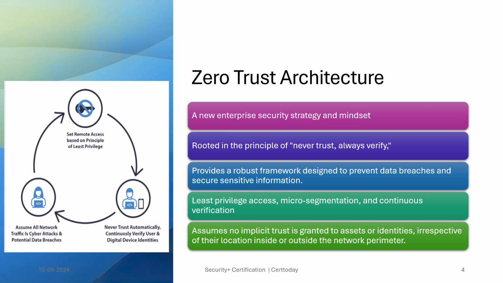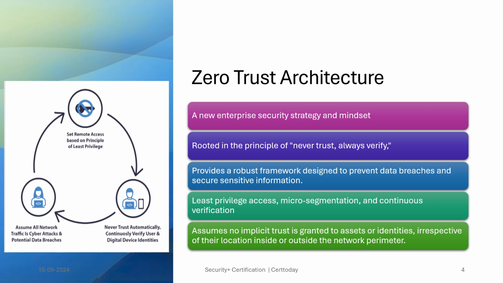The zero trust architecture assumes no implicit trust is granted to assets or identities, right? There's no implicit trust, just like we have always done it. Oh well, if it comes from the outside, it's untrusted, and then we have this DMZ and all that stuff. But anything that's inside, it's trusted. Well, that's an old thing.